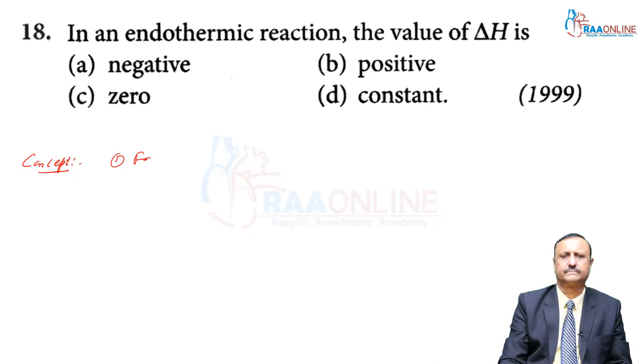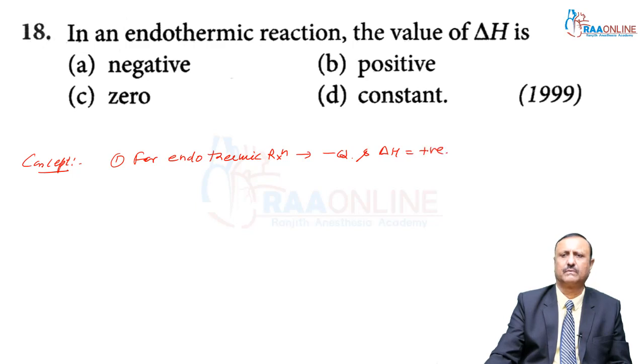For an endothermic reaction, a minus Q is there and delta H is equal to positive, because delta H is equal to HP minus HR. So, in an endothermic reaction, enthalpy of the product is greater than enthalpy of the reactant. So, you can see here delta H is equal to positive.